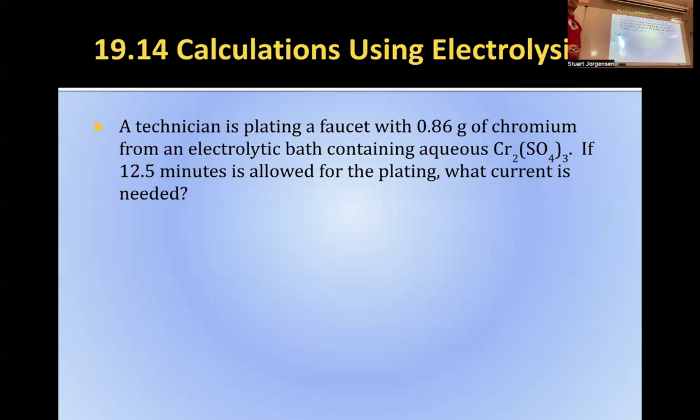Because it might turn into SO3, or just S. We don't know the other oxidation number, but if this is a 2 minus and this is a 3 plus, we would expect it to be 6, and so we would multiply this all by 2. It'll be clear on your examples. The problem is we don't have enough information on this one here. Given the grams, what can we solve for?